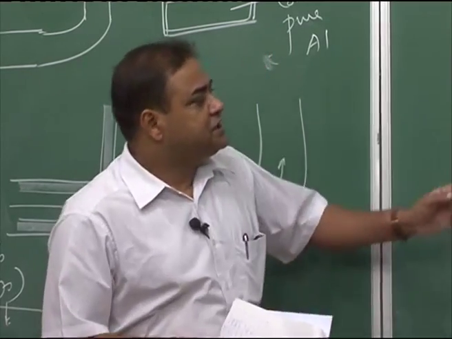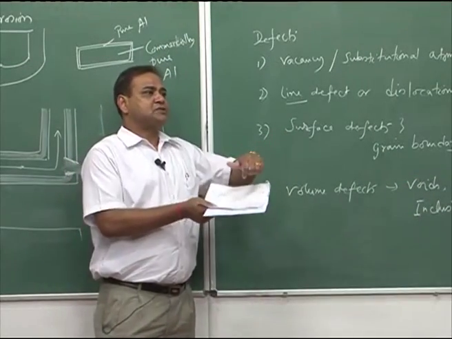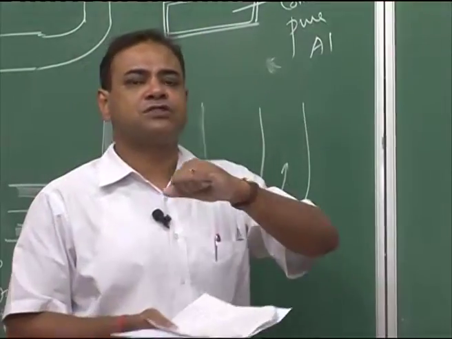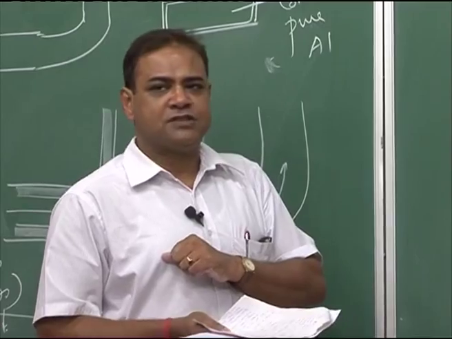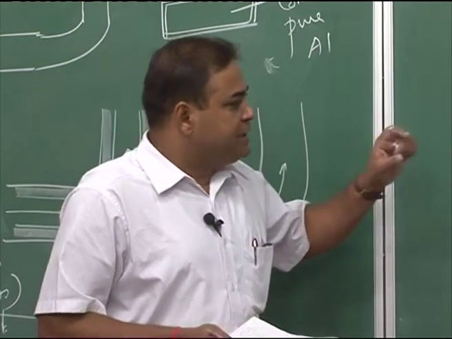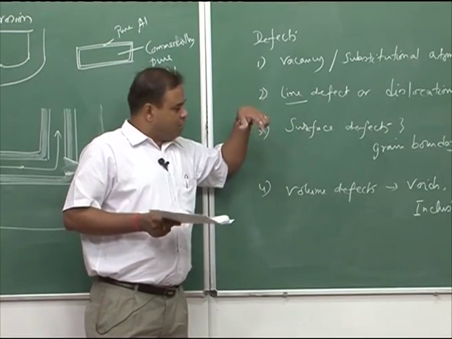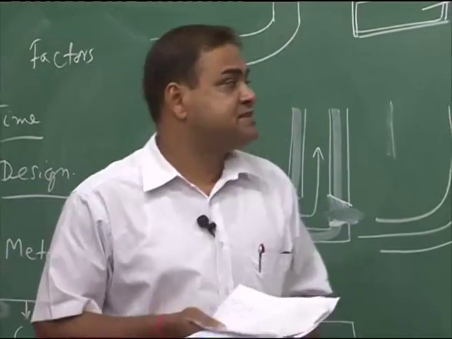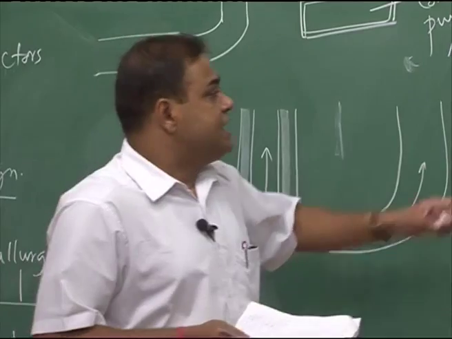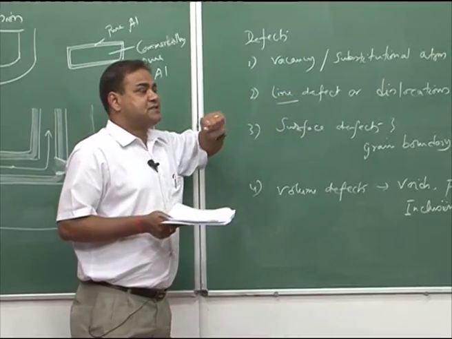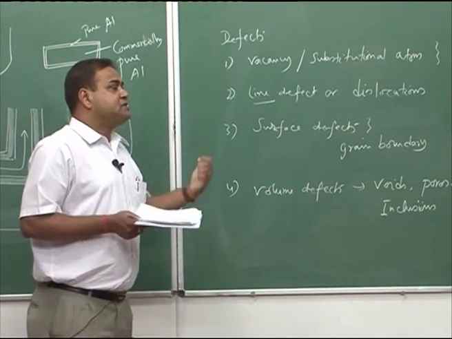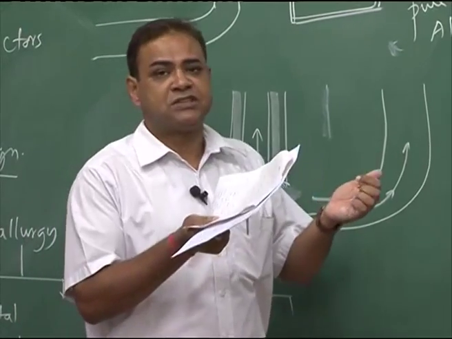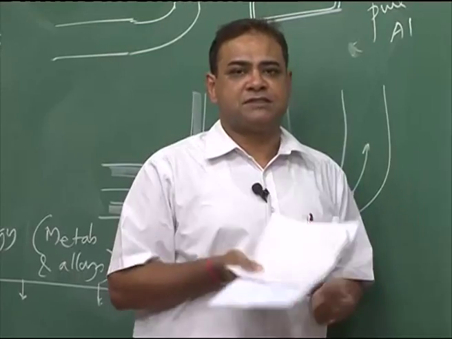So, during secondary processing, after it is cast, it is rolled or forged or something like that. During that process, generally we increase the number of defects, dislocation densities are increased. So, if we increase the dislocation density, the energy of the overall system increases, because the more the dislocations, the more the overall energy of the system.